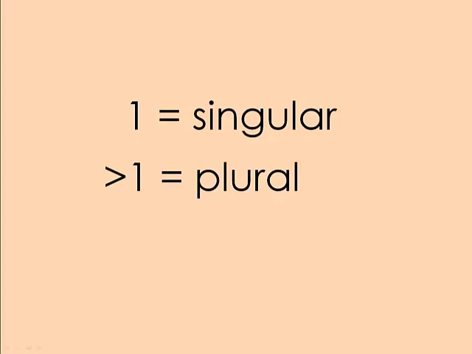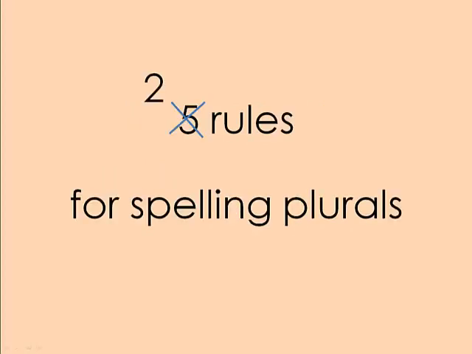Plural means more than one, 2 or 5 or 100 of something. There are 5 rules for spelling plurals, but in Part 1 we only talked about 2, the 2 most common rules, the rules we use most often.